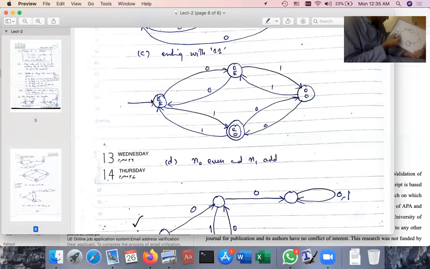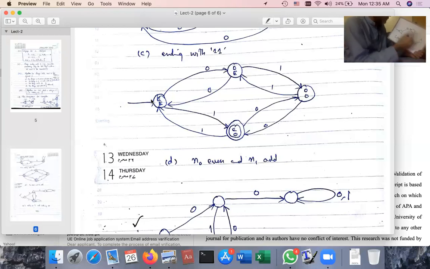So if I produce 1 here, then I am allowing only one string 1 to be accepted. So this is not a valid thing in this diagram. This is giving me a clue that I have to change my design, because if I put 1 here, then I am actually making some way for this string 1 to be accepted, which is not good.